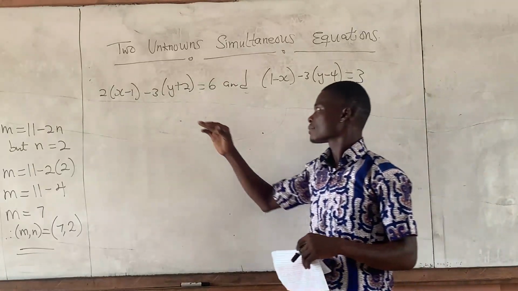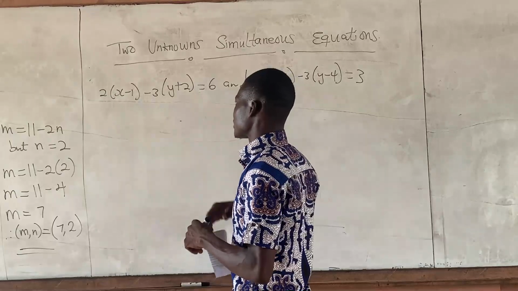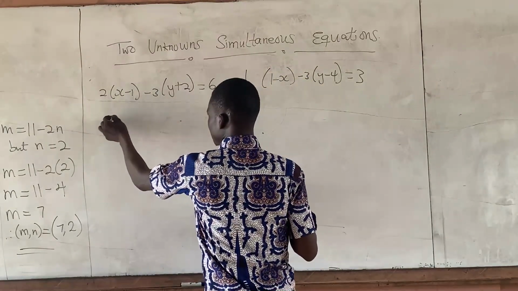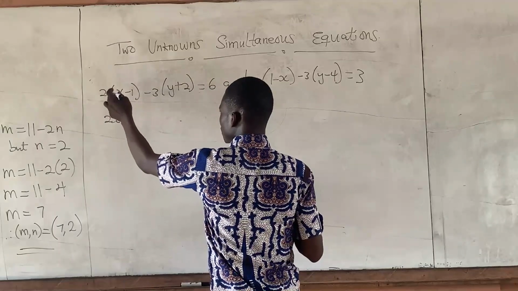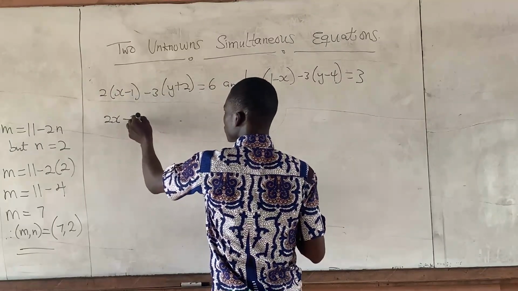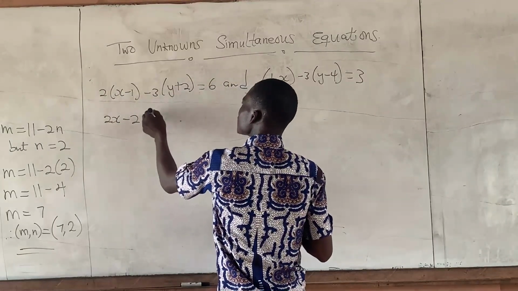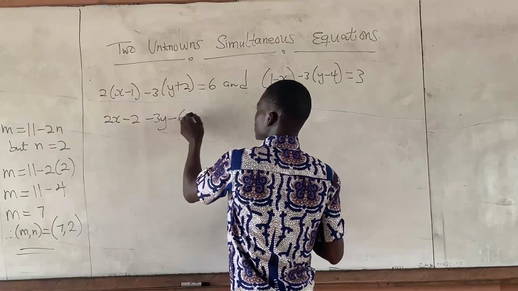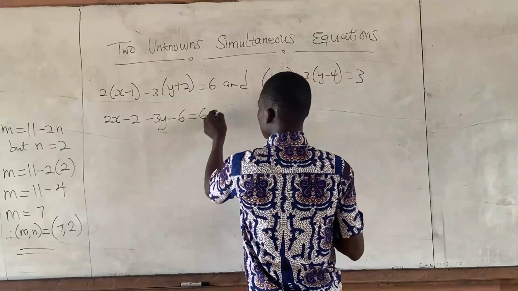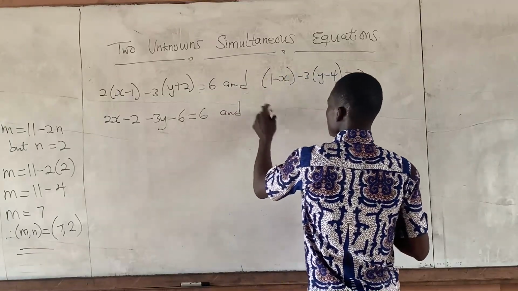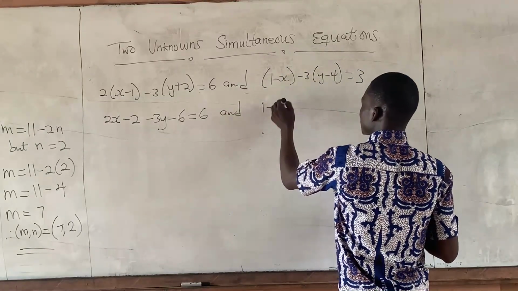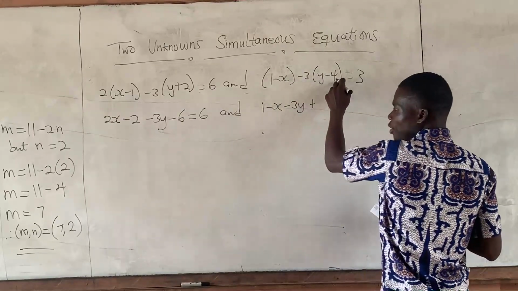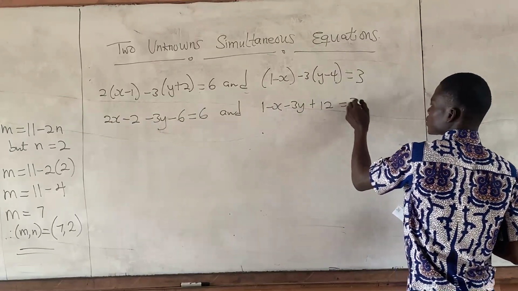Let's expand and simplify this side of the equation. 2 times x is 2x, 2 times negative 1 is negative 2, minus 3 times y is minus 3y, minus 3 times 2 is minus 6, which goes to positive 6. And on this side, we have 1 minus x minus 3y, negative times negative is positive, 3 times 4 is 12, which is equal to 3.